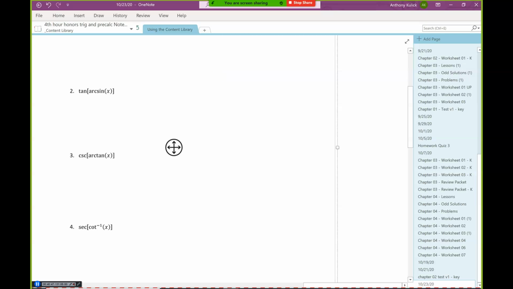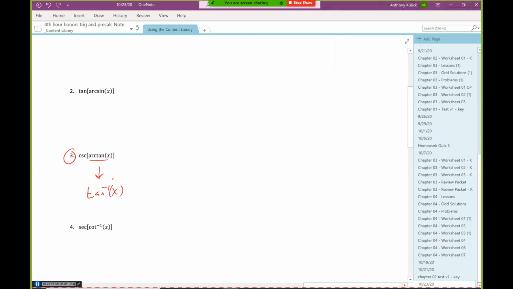So I'm going to just look at the inside part. Remember that arctan is the same thing as tan inverse. And so theta equals tan inverse x is the equivalent of tan theta equal to x.